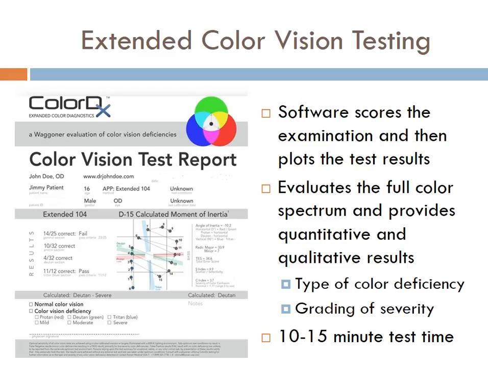So to make the test extended, it has to determine the type of color vision deficiency, protan, deutan, or tritan, and it has to grade the severity. So it's mild, moderate, or severe, almost like assessing glaucomatous damage. So if you can't grade the severity, it cannot be reported as an extended color vision test.